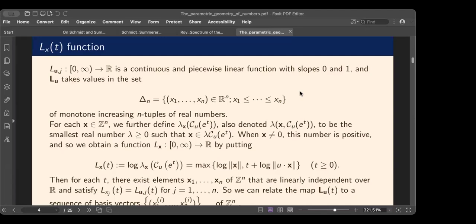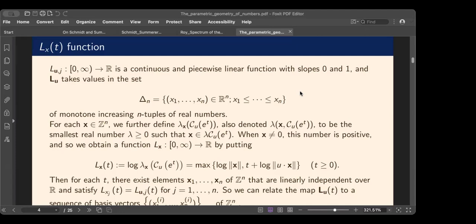Because we know this convex body exactly, we can calculate L_x(t) as the maximum of log of norm x and t plus log of u dot x. The graph of this function is very clear.